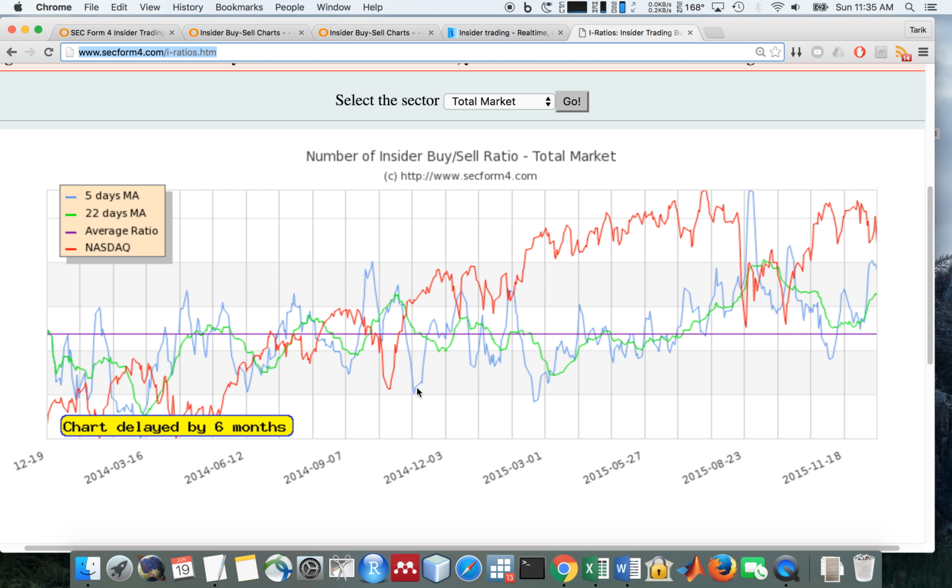Another way to say this is that insider buying in aggregate tends to be counter-cyclical. When the market goes down, the ratio goes up. That's what counter-cyclical means. Which is interesting because that's what you're supposed to do as an investor: buy low, sell high. It seems like the CEOs and insiders are pretty good at doing that in aggregate, whereas the average investor is less able to.